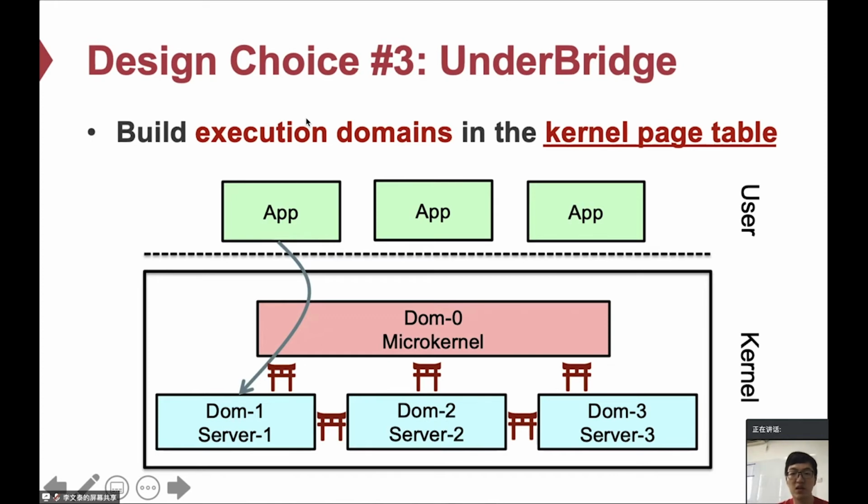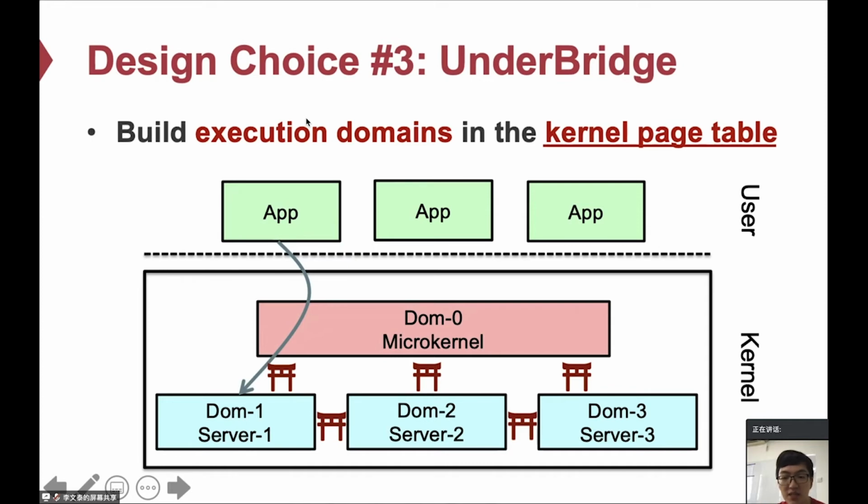UnderBridge constructs execution domains with PKU in the kernel space and lets one system server execute in one execution domain. Different execution domains can be connected by IPC gates. One thing to mention, to use PKU in kernel space, UnderBridge tags all the kernel memory pages as user accessible in the kernel page table, as said before.